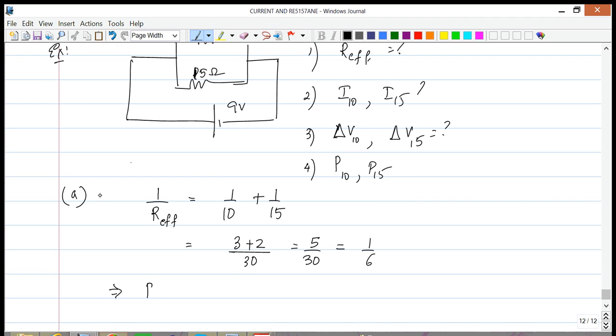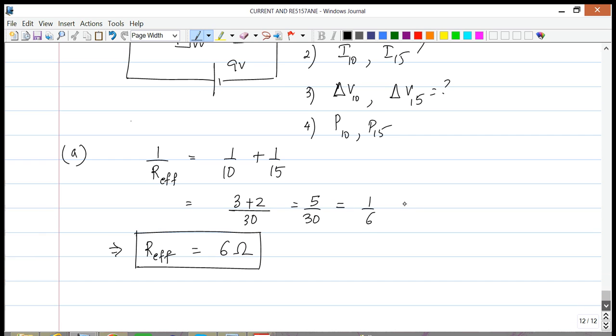This implies that R effective is equal to 6 ohms. One of the things that you need to understand is that the effective resistance of resistors connected in parallel will always be less than the lowest resistor.